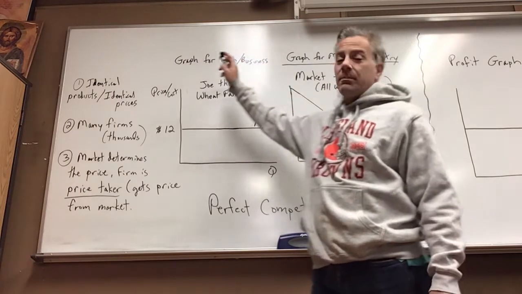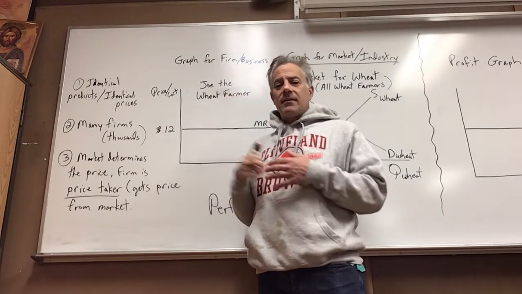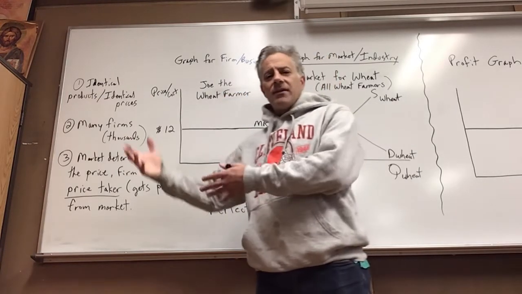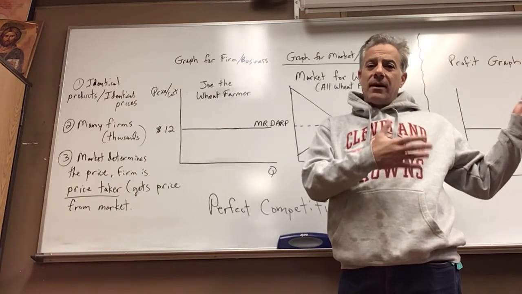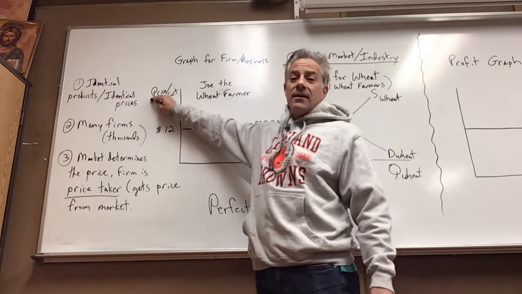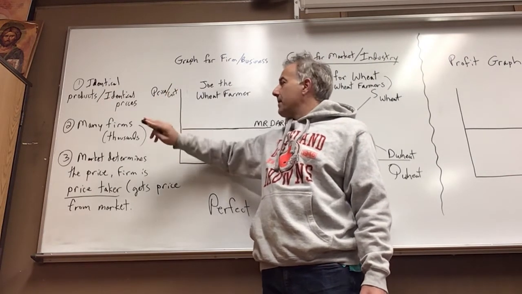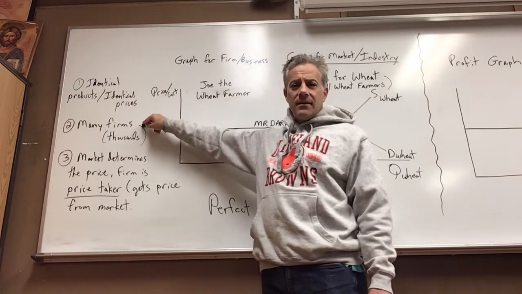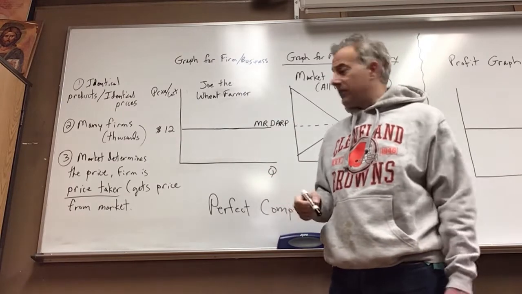First thing is we have to know what perfect competition is about. There are perfect competitors, which is the individual firm, and then the entire industry or market structure is called perfect competition. The characteristics are identical products that are sold at identical prices. There are many firms in the industry, so think thousands or hundreds of thousands or even millions of firms.